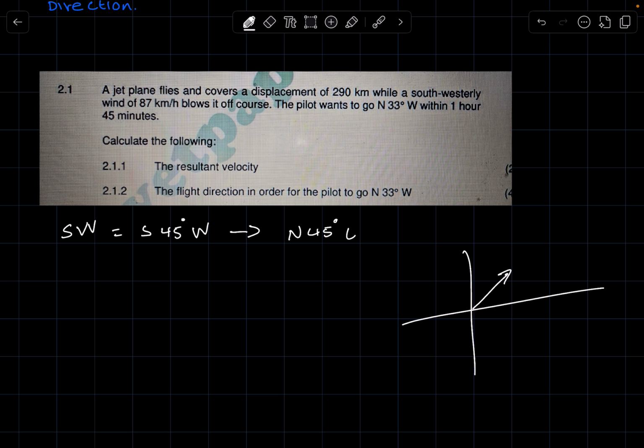Opposite of west is east, which is exactly what we have here. So in drawing the wind vector, you would draw it in a direction that is essentially north 45 degrees east. And that is how you perceive the wind direction.